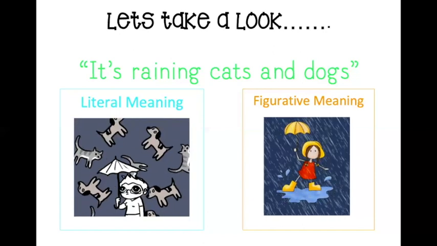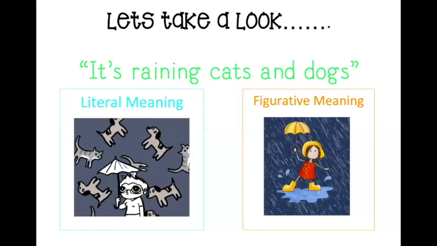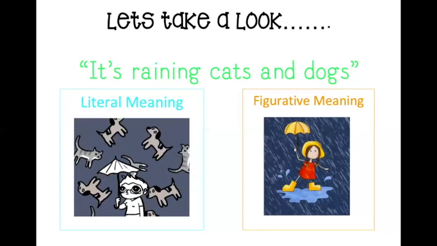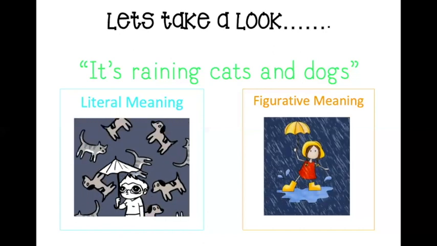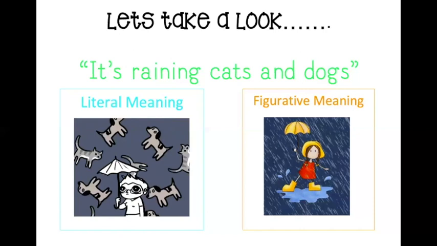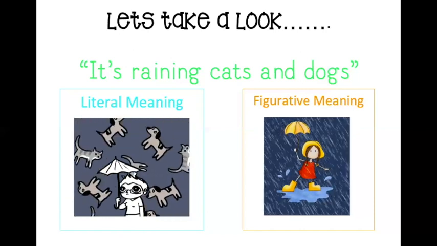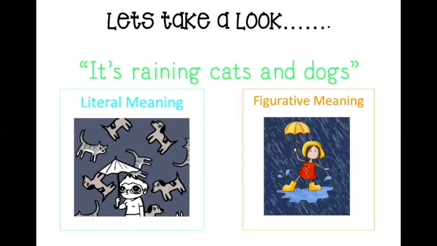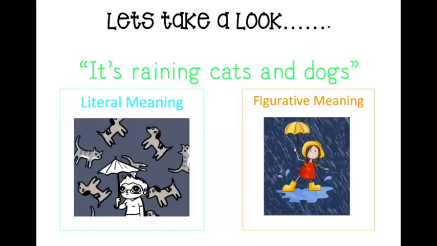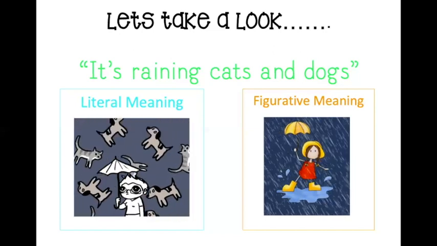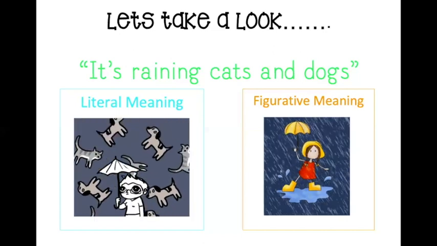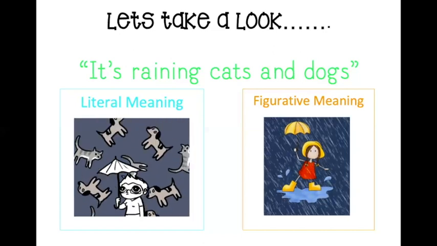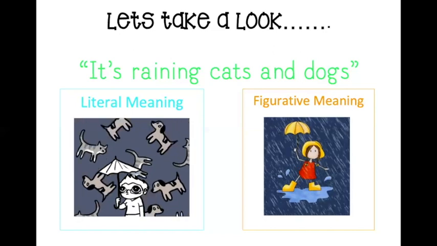That has a figurative meaning that we need to dive a little deeper into. What we actually mean by "it's raining cats and dogs" is it's raining really hard. We can see that depicted on our right side. We see a very hard rainstorm.